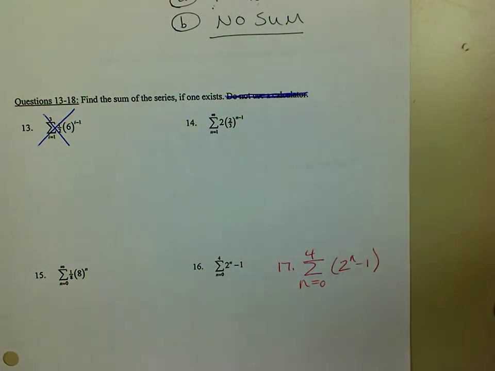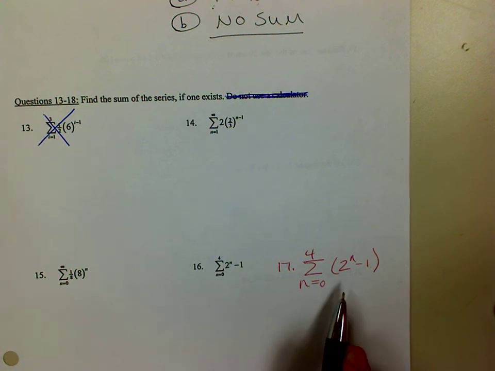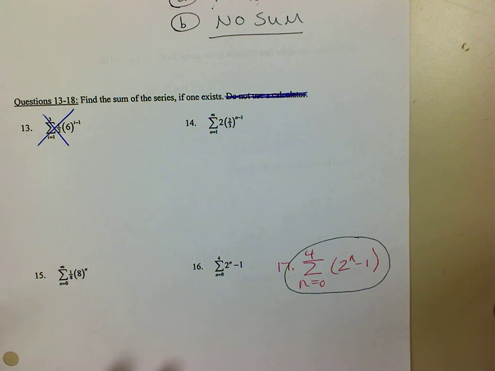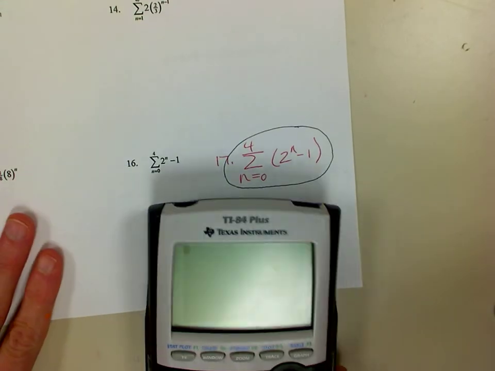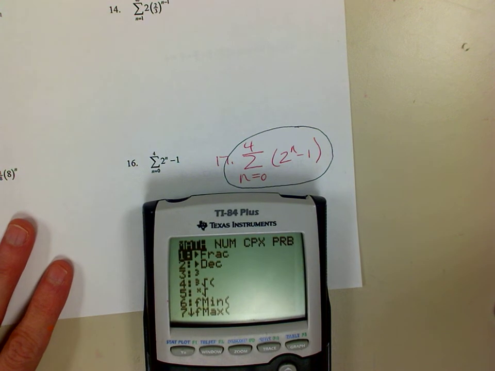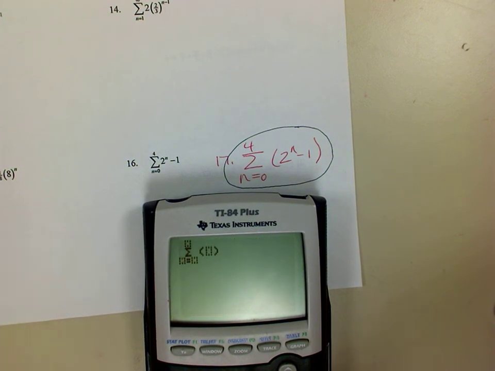If you have a formula and you have a plus or a minus 1 at the end, it does matter if there's parentheses or not. Since this one has parentheses, all of this goes together. So what you would do is just type that into your calculator, and as a reminder, you hit math 0. That pops up, and you're just going to type in exactly what you see.